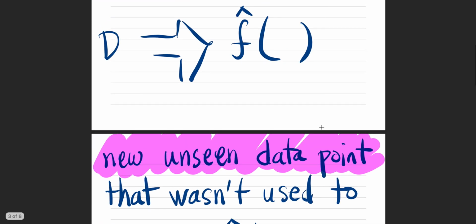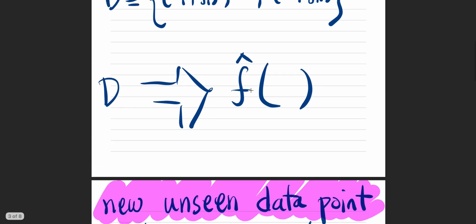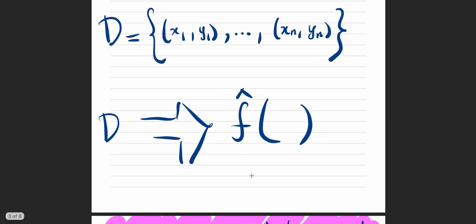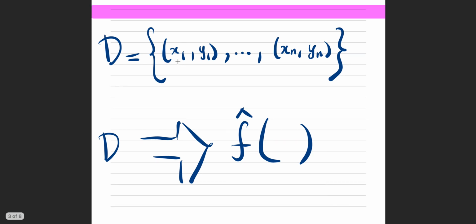Now, how do we quantify how well this f hat is? How do we judge it? How do we quantify how well it performs? Well, we could try it on these data points we have, but that will create a problem which is called overfitting, or getting an optimistic view of the performance.